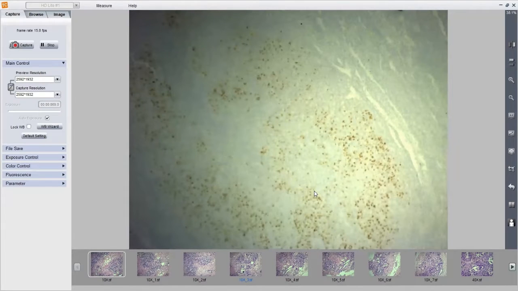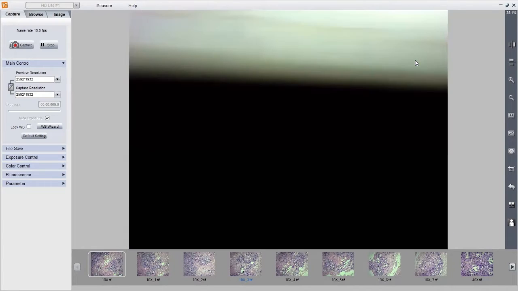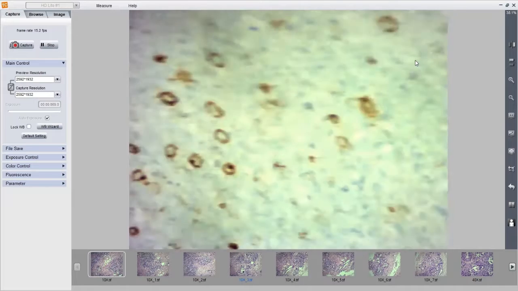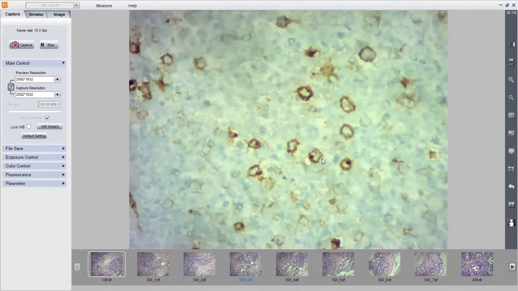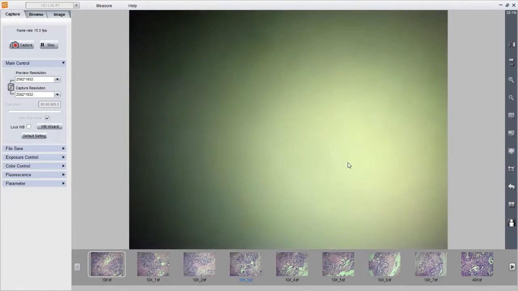Convinced? CD30 positive, very nice positivity, with a very nice dot-like Golgi stain. Golgi stain, membrane, beautiful CD30 positivity. What about PAX5?